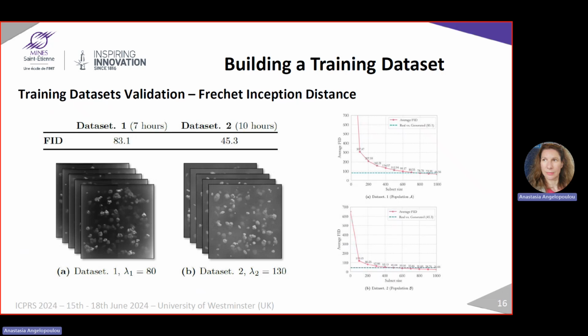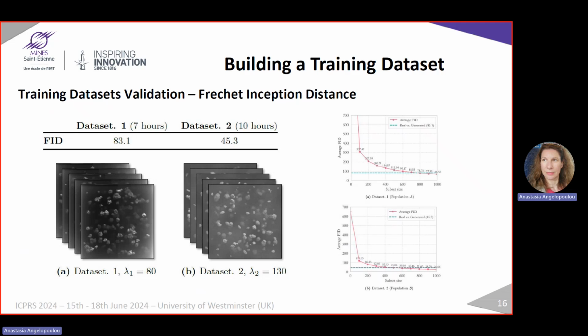So here, and that's what you might or might not be able to see on the right, for every dataset, for example dataset 1, we need to compare it to dataset A of real images. So we took some subsets of the dataset of real images and computed the FID between those real image datasets.